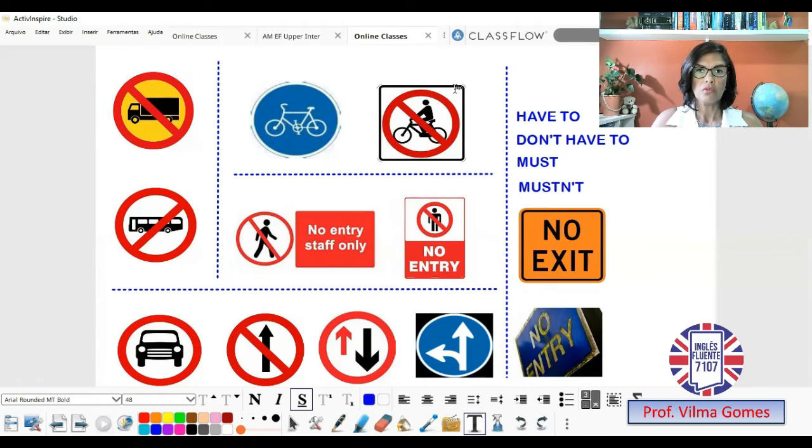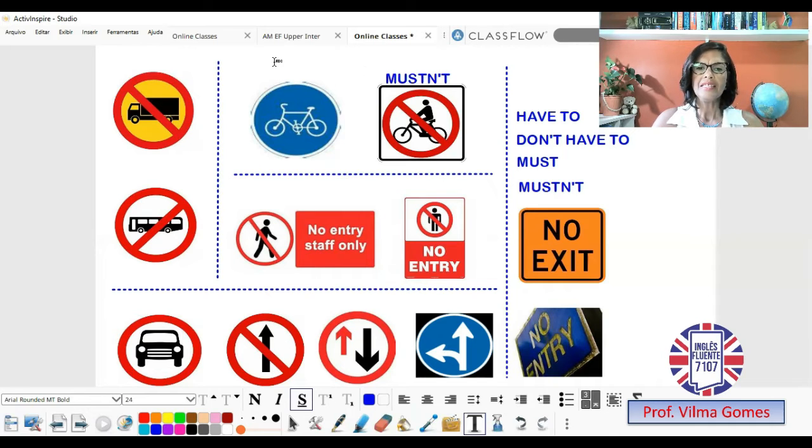Não podemos pedalar nesta área, não podemos usar a bicicleta nesta área, right? Very good. So, mustn't. It's prohibition, isn't it? So, look here. I am going to copy that here. Mustn't, right? We mustn't cycle here.